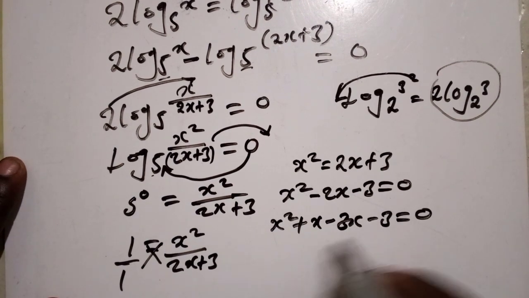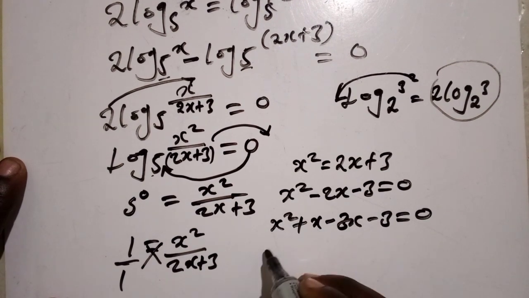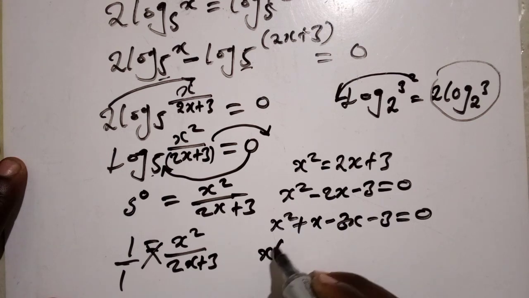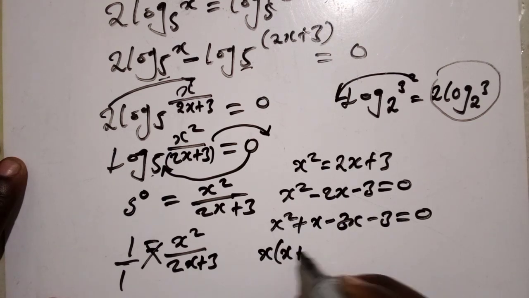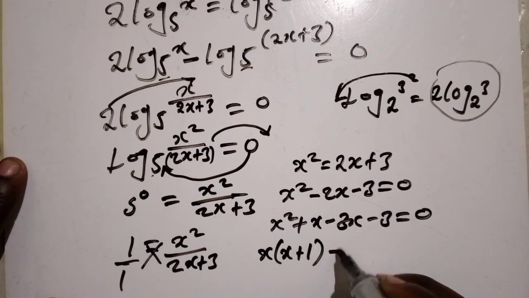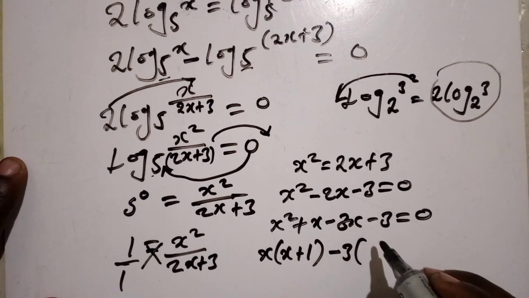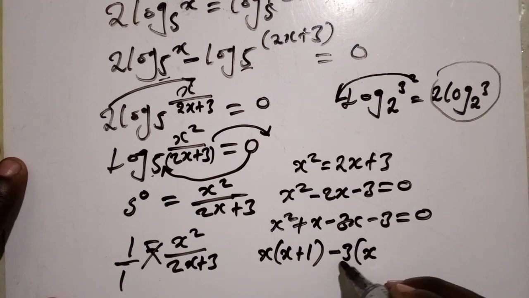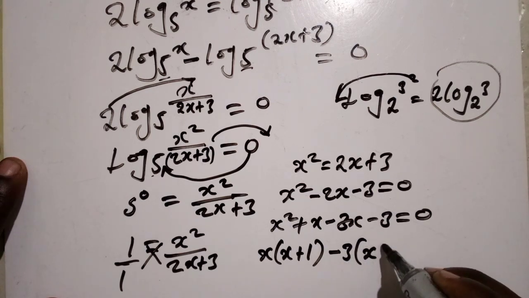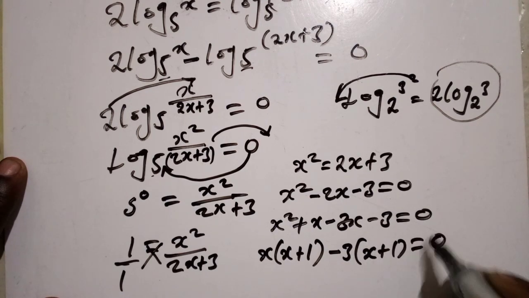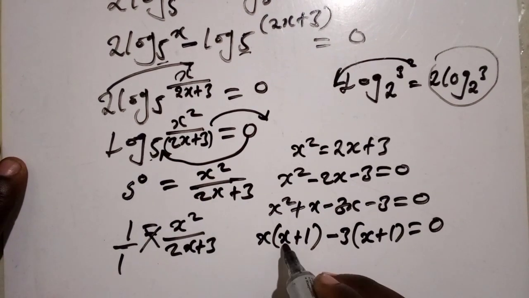Now you're going to factorize. What's common? It is x. So x outside, then x into x squared gives x, plus x into x gives 1. Then what's common is minus 3. Minus 3 into 3x leaves x, and minus 3 into minus 3 gives plus 1, which equals 0.